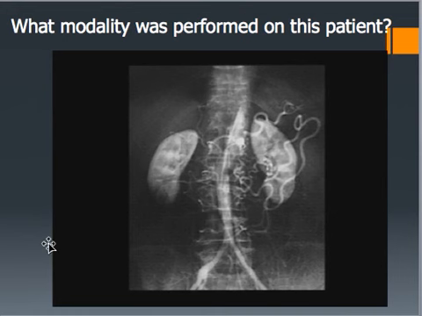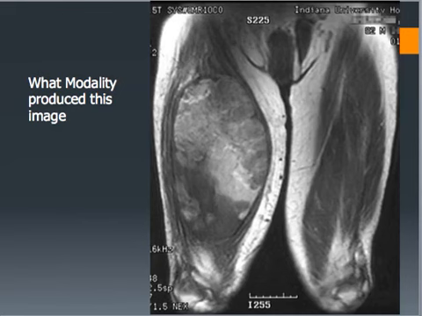What modality was performed on this patient? This is again another angiography. So you can see all the blood vessels here. They're looking at the kidneys, but the procedure itself is angiography. What modality produced this image? This again is MRI, and we're looking at a very huge mass right here in the femur.